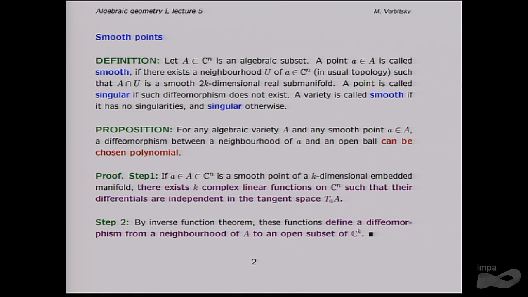So the typical example of a singular variety is this union of two curves. You have xy equals 0. The important thing is that you can decompose it into a union of two varieties, x equals 0 and y equals 0. They're both smooth.